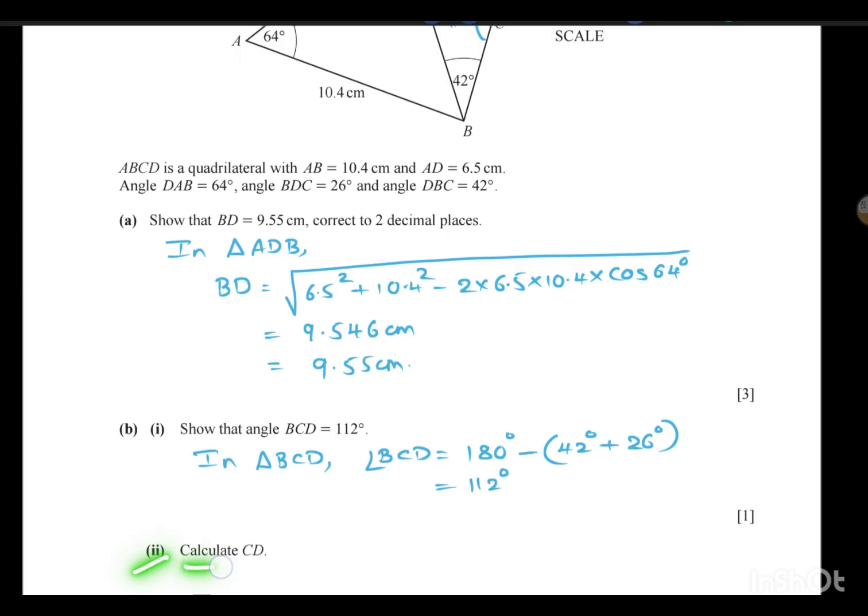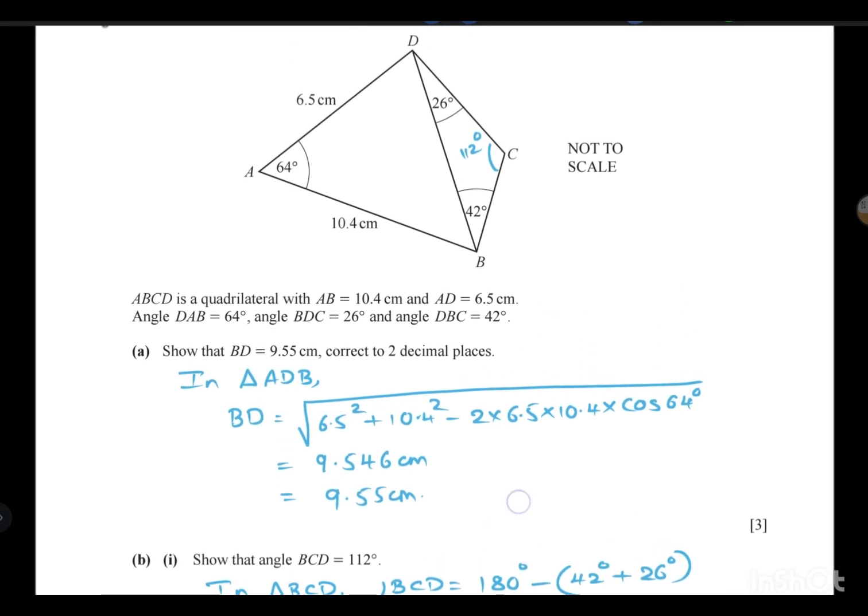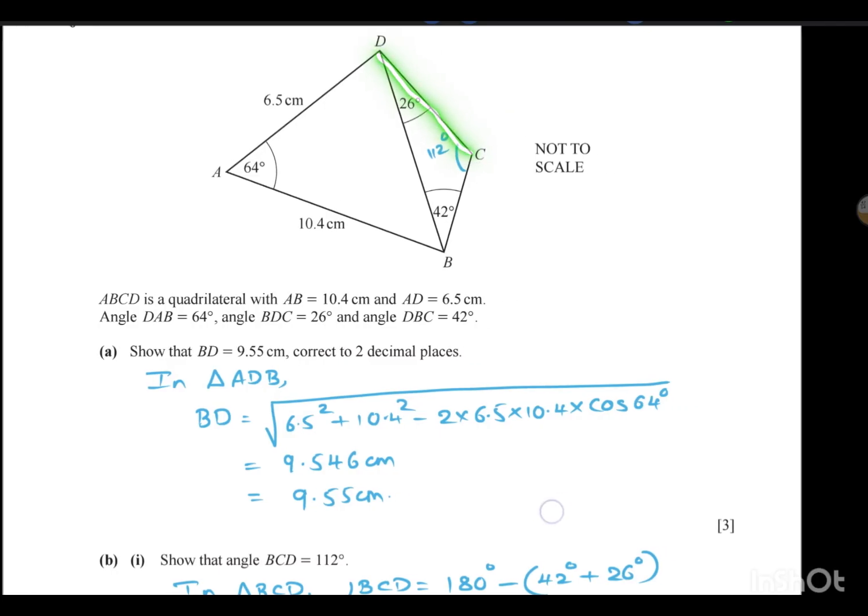Question 2, they are asking us to calculate CD. Now CD is a line segment which is this. We need to find out the length of CD. So now here we already got BD. BD is now how much? 9.55 centimeters. So the opposite angle of this is 112, and we need to find out the opposite side of angle 42. So we can use the sine rule here.